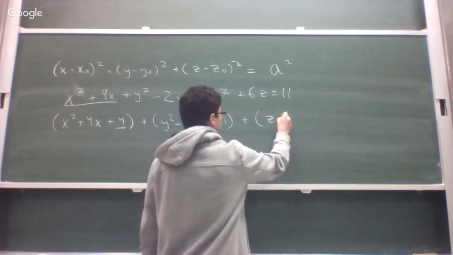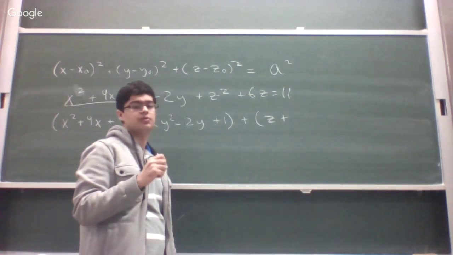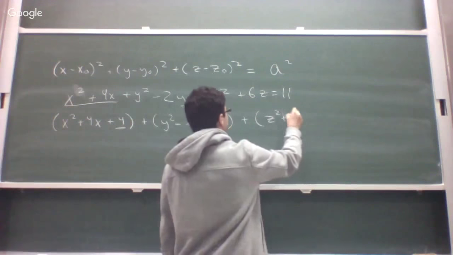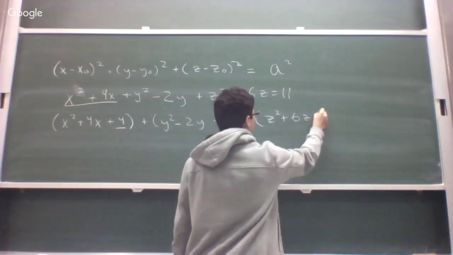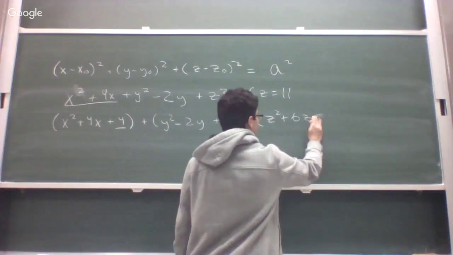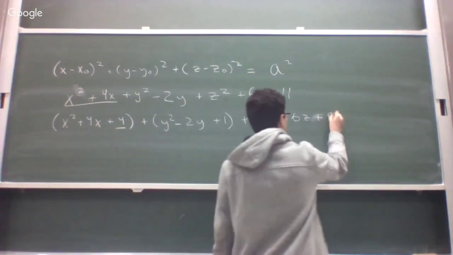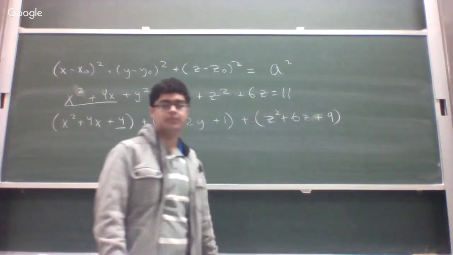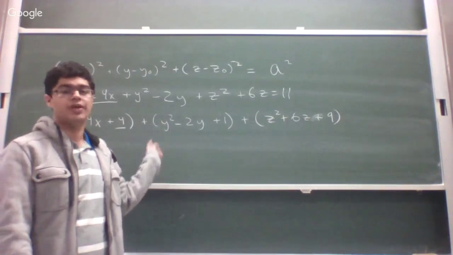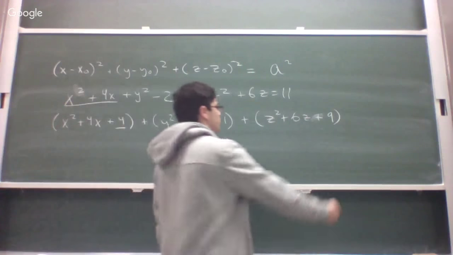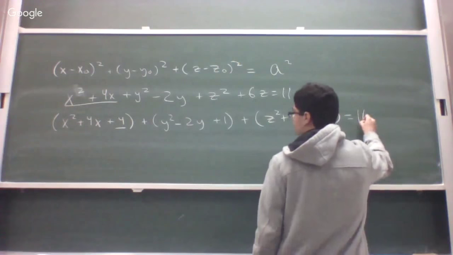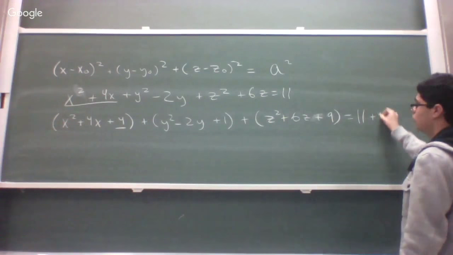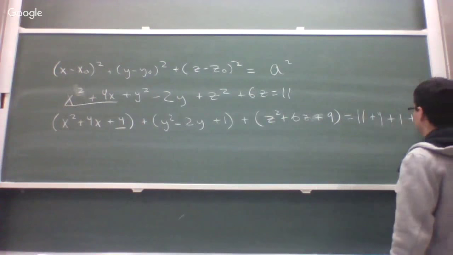What do we add? Yeah, z squared plus 6z plus 9. Okay. And whatever we do to that side, we have to do to the right side. So we have 11 plus 4 plus 1 plus 9.